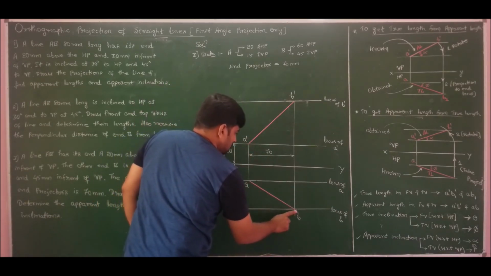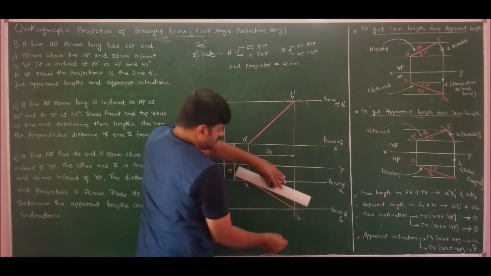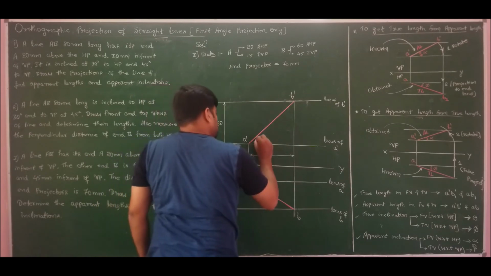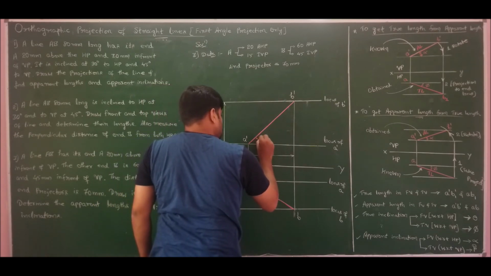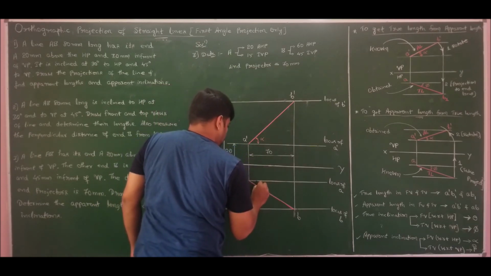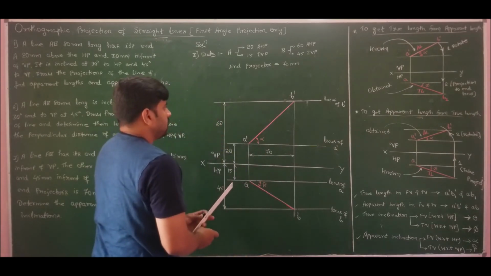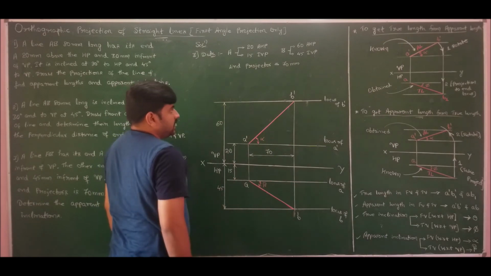So this completes the determination of apparent dimension. So measure the angles, you get alpha and beta. Now we have apparent length with us.